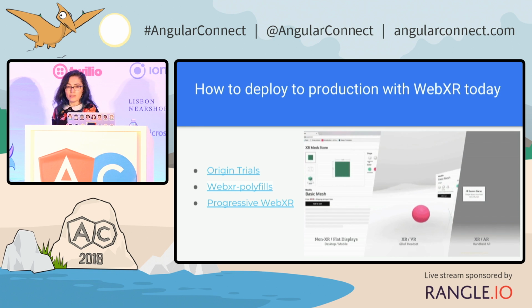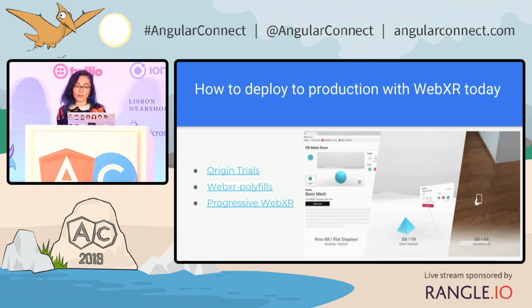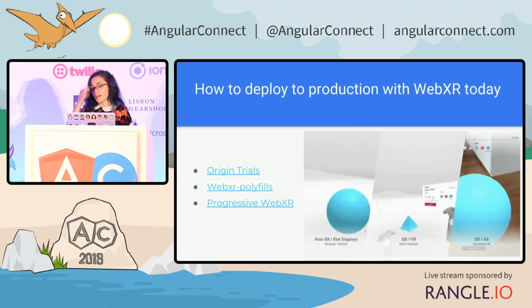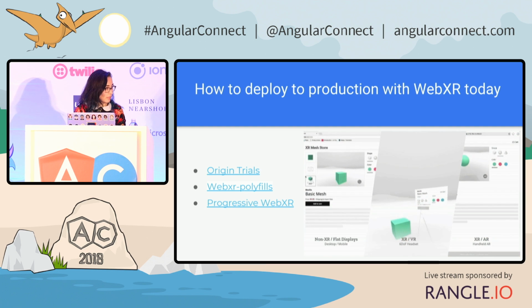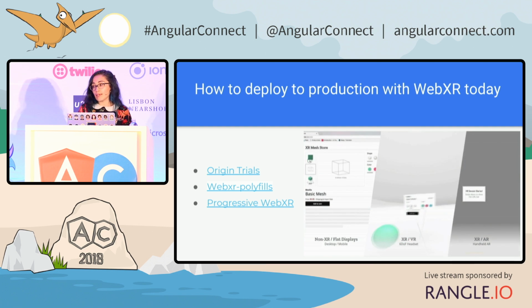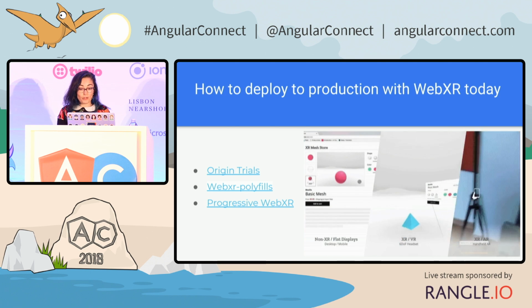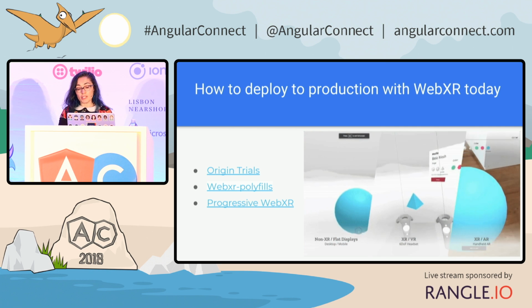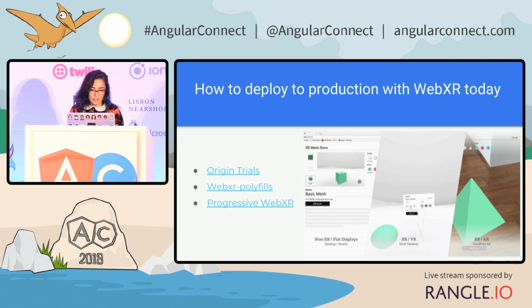And lastly, the thing that we can do, and we must do in any case, is having a progressive web experience. If your user comes into your website and they don't have the device to be able to see the 3D content, they can just click around with the 3D and then use their mouse. And if they have an XR device, they can have the same experience in the XR, and then AR is the other part of it.